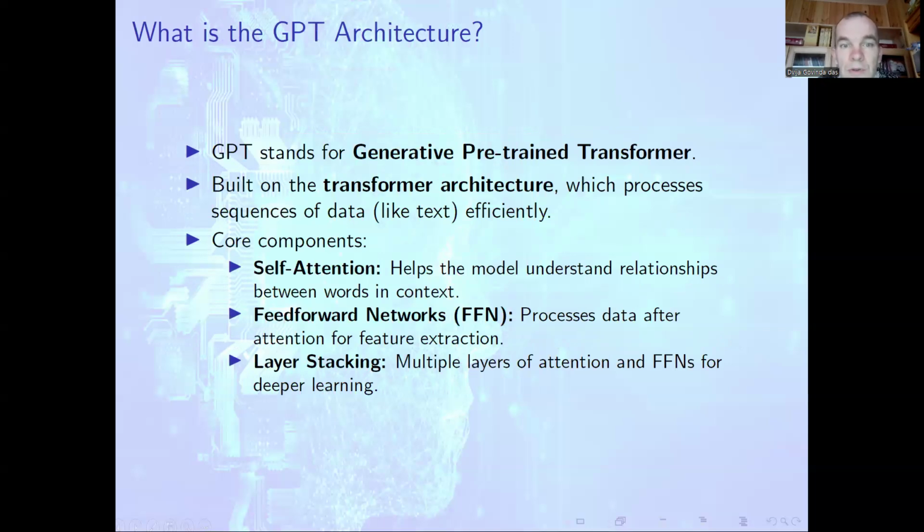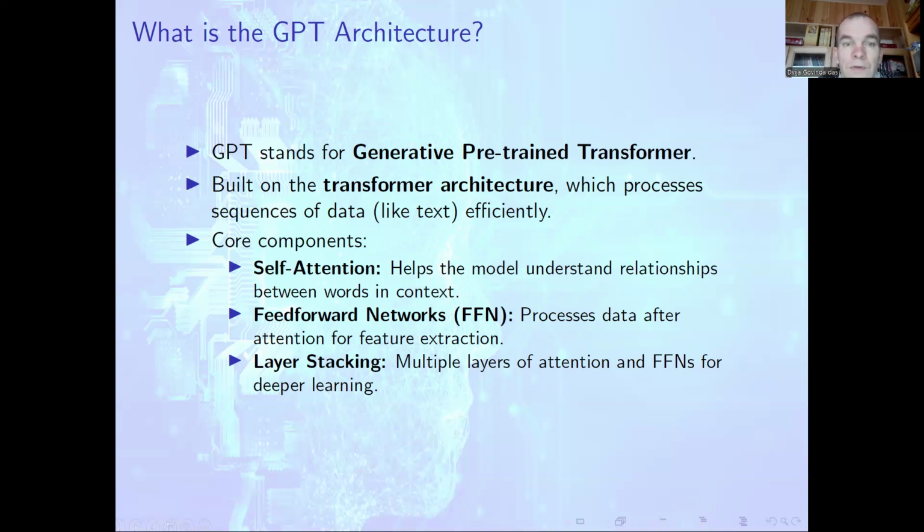What is GPT? GPT means generative pre-trained transformer. Generative, because it generates responses; pre-trained, because it is preliminarily trained only once in a few years by its developers; and transformer means a kind of neural network which processes sequences of data like text very efficiently.